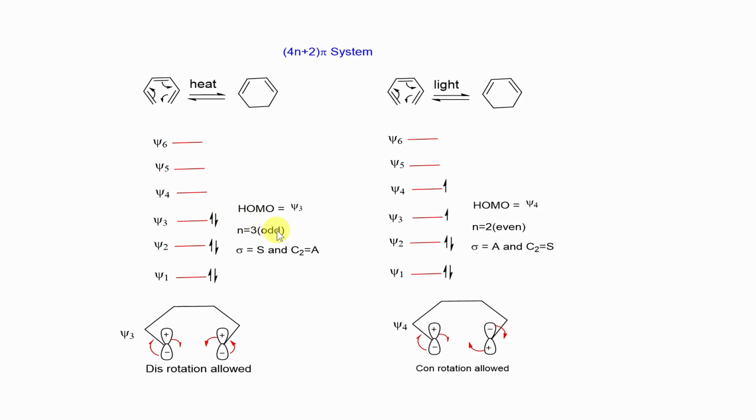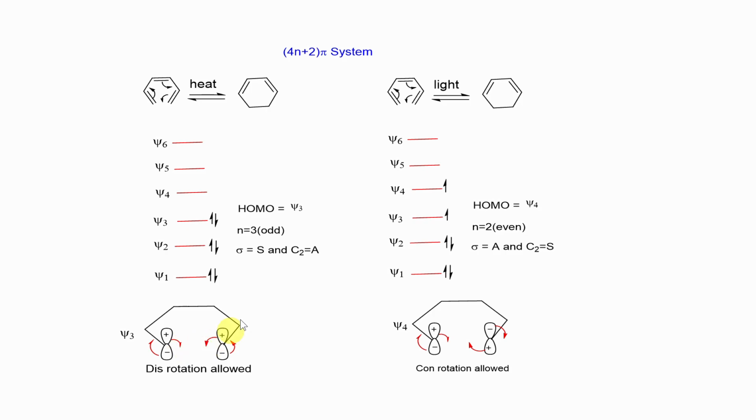3 is an odd number. Thereby, this molecular orbital is symmetric with respect to mirror symmetry and antisymmetric with respect to the C2 axis of symmetry. Then see the molecular orbital picture of the ψ3 molecular orbital. You can see the atomic orbitals on the terminal carbon atoms will rotate in opposite directions in order to have the similar lobes align in the same direction to have the maximum overlap between them.